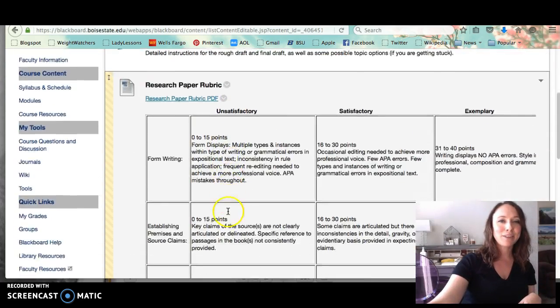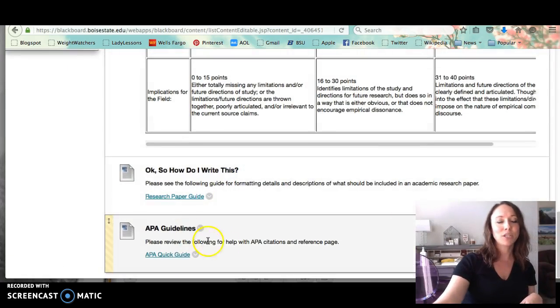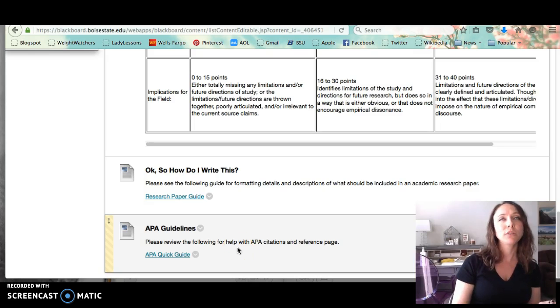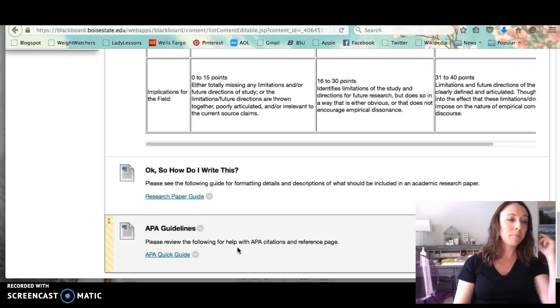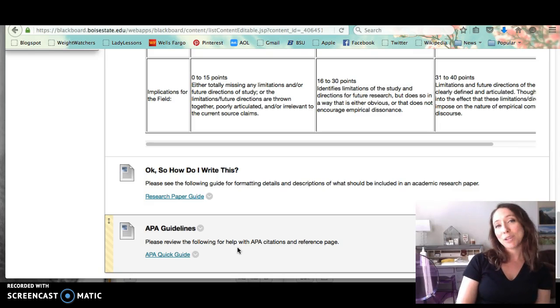When I go down here, I get a lot of questions about APA. Like, why do we have to do it in APA? I'm never going to use APA ever again. And maybe you don't write your grocery lists in APA like some of us do. But unfortunately, plagiarism is a problem, and it's a real problem for universities, and it's on the rise here as well.